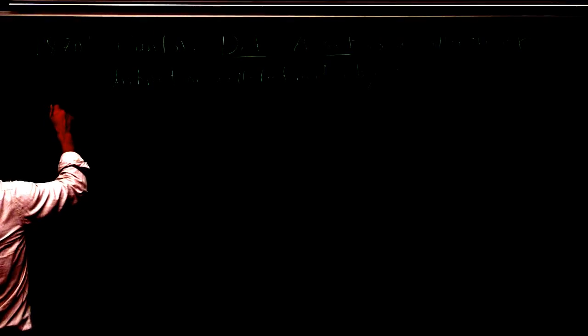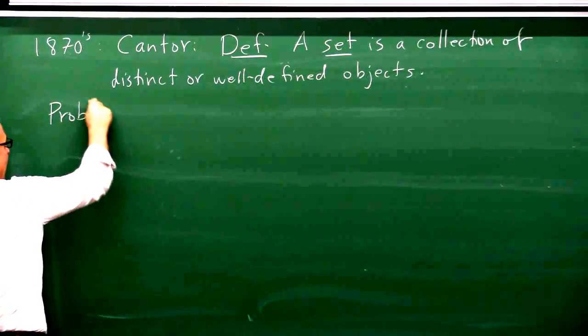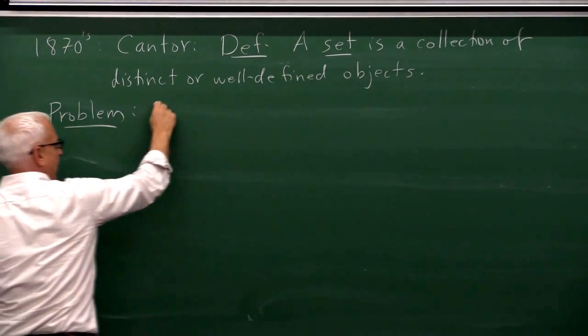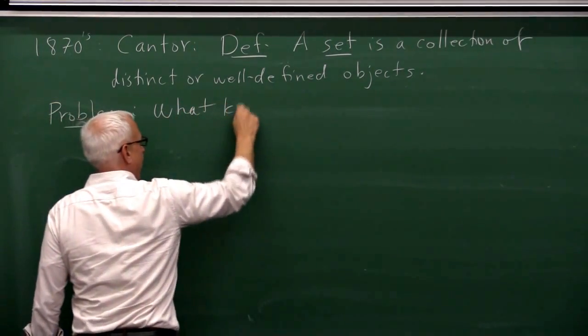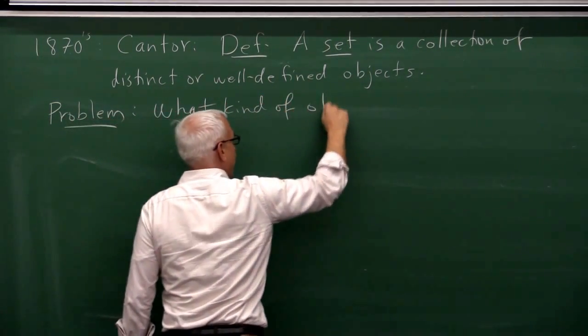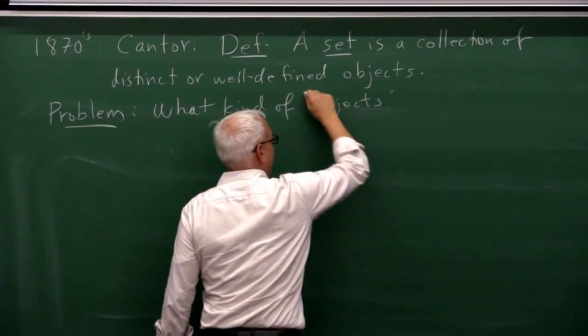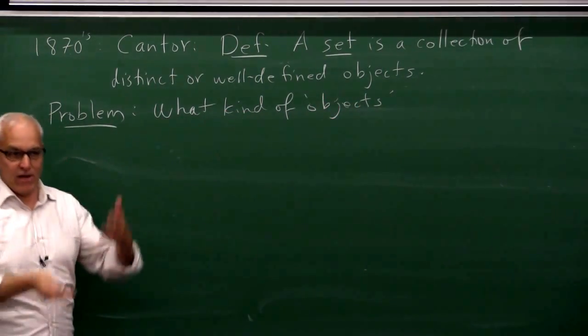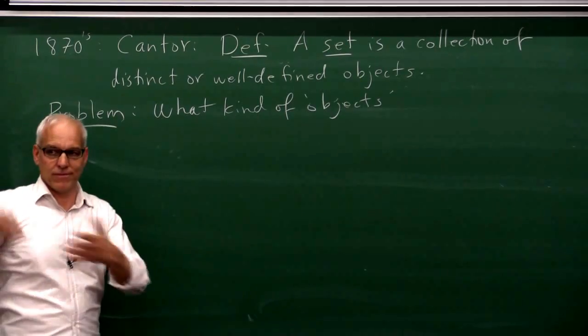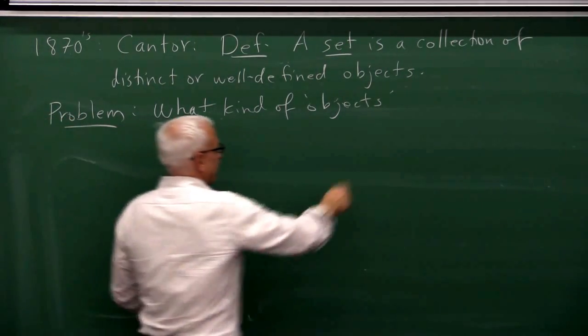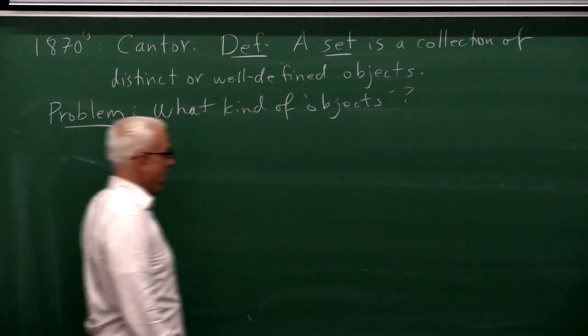It's a collection of distinct or well-defined objects. And probably Cantor himself realized that there were some kind of problems with this. So an initial kind of problem is, what kind of objects are we allowing? Well, we'd like to restrict ourselves to mathematical objects rather than psychological or fictional objects. But nevertheless, saying what that is exactly is problematic.